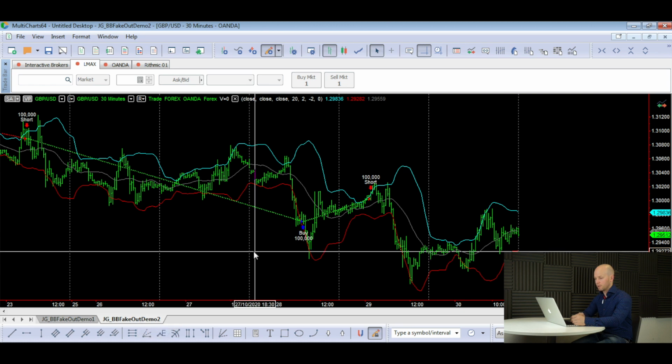Now, let me tell you about the improvement while we're here. Quite simply, we can only look for buy trades, so we can only look to go long, if the previous day was a white candle. That means that the close was higher than the open of the session or the day. And we're only looking for short sell signals if the previous day was a black candle, so the close was lower than the open.